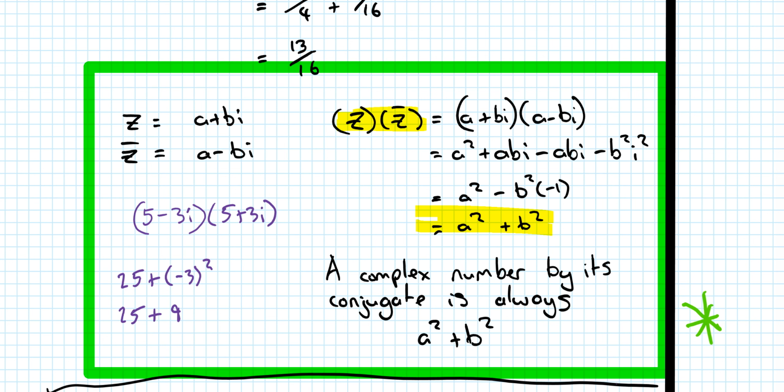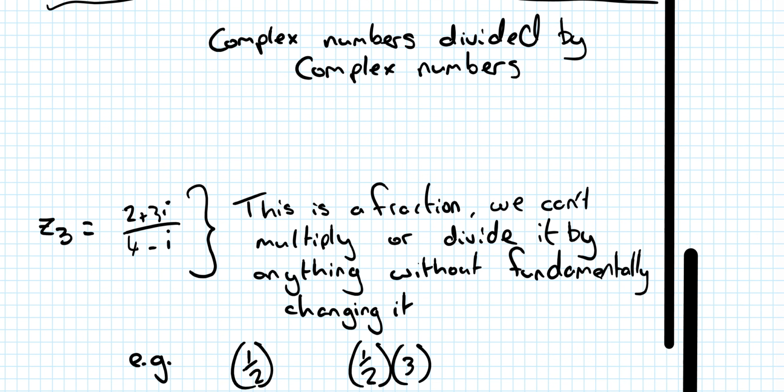We've looked at dividing a complex number by a real number, which is just the real number dividing into the real part and into the imaginary part. Now we need to look at a complex number divided by a complex number. Right here, I have a complex number divided by a complex number.